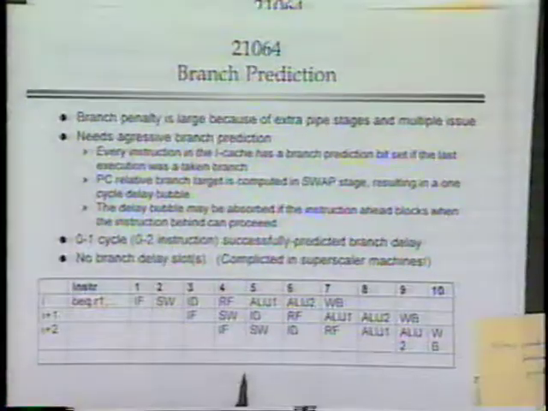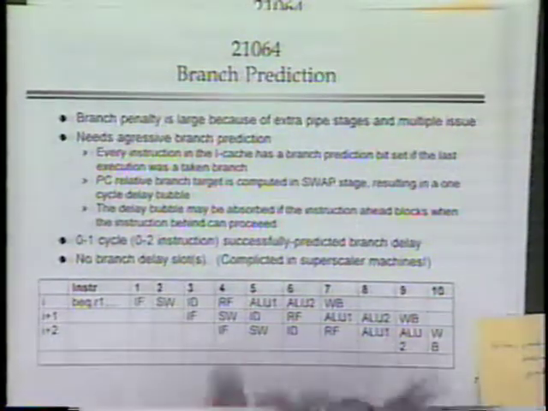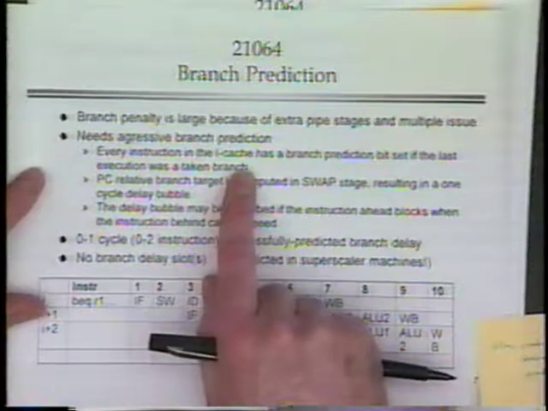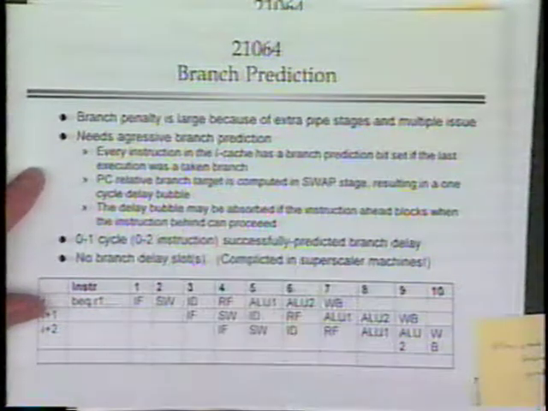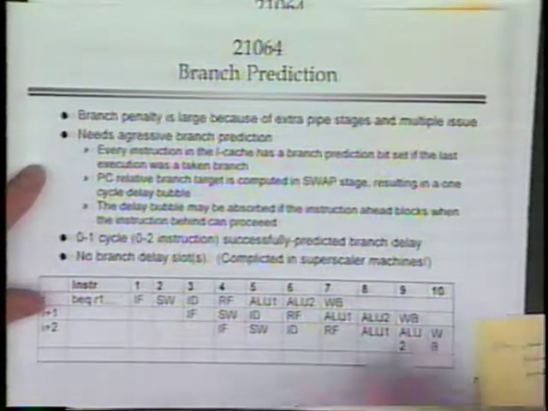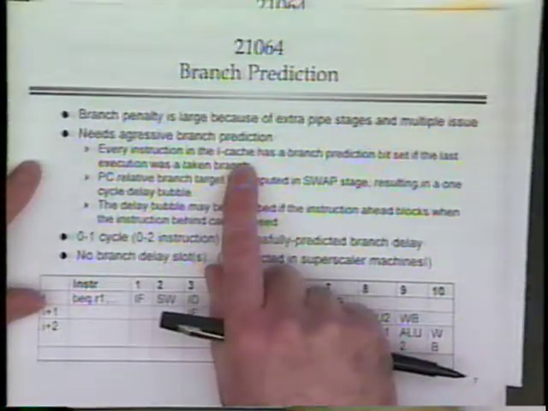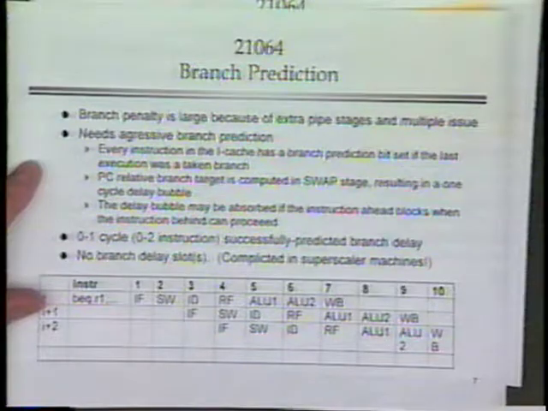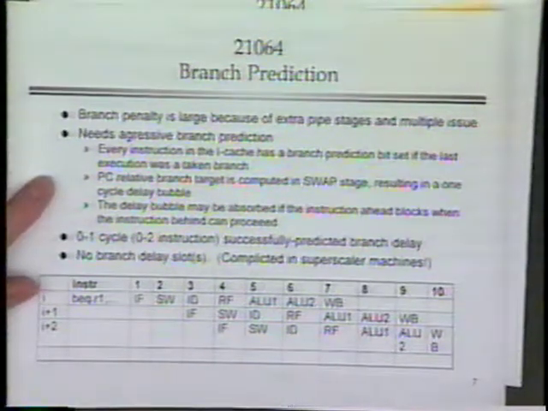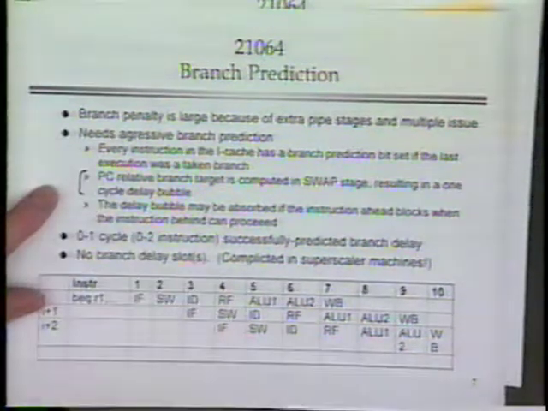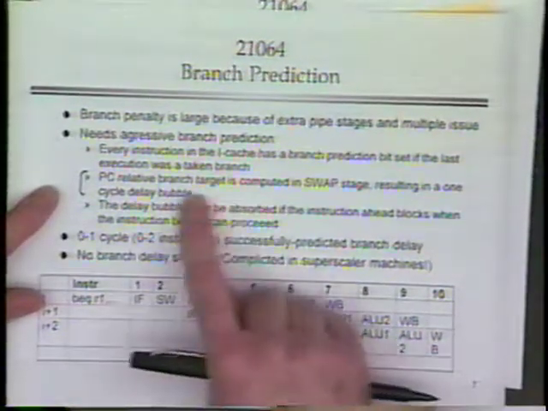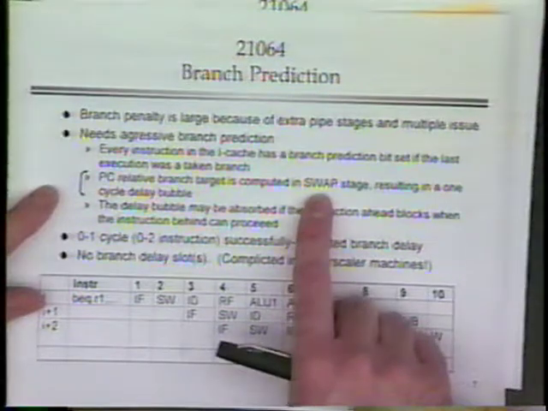Let's look more at branch prediction on the 21064. The penalty is large because of the extra pipeline stages. What they do is include essentially the equivalent of a branch hit cache by including in the instruction cache a branch prediction bit that says that the last execution was a taken branch. And in fact, they compute the PC relative branch target in the swap stage.